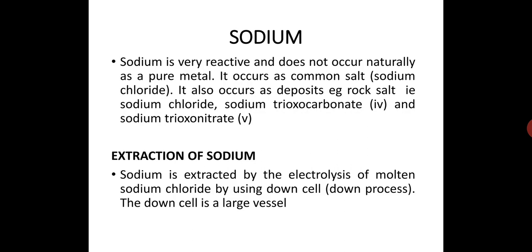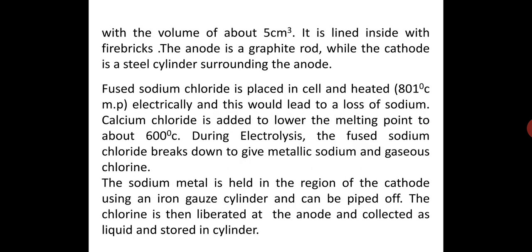The Downs cell is a large vessel lined inside with fire bricks. The anode is a graphite rod, while the cathode is a steel cylinder surrounding the anode.